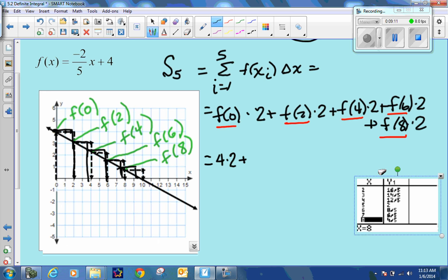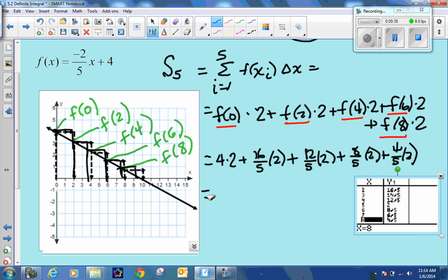F of 2 is 16/5 times 2, your change in x. F of 4 is 12/5 times your change in x. F of 6 is 8/5 times your change in x. And f of 8 is 4/5 times your change in x.